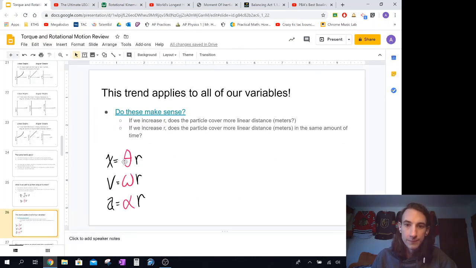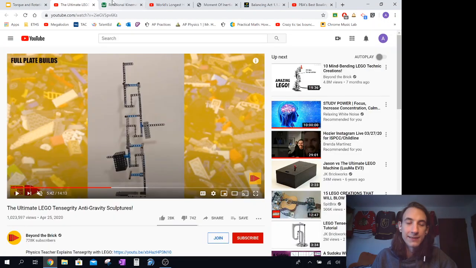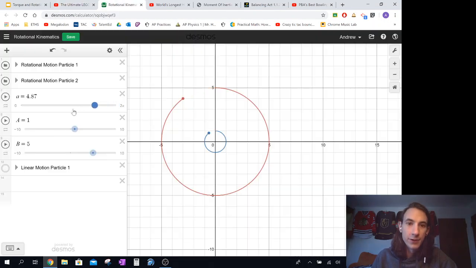Now let's think about it with the velocity. Both of these objects have the same rotational velocity, the angular velocity. They're both covering 2 pi radians in the same amount of seconds. But if we think about linear velocity, the red one is covering way more meters in this amount of time.